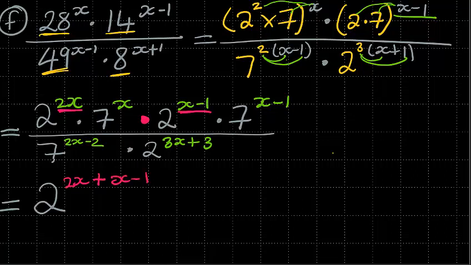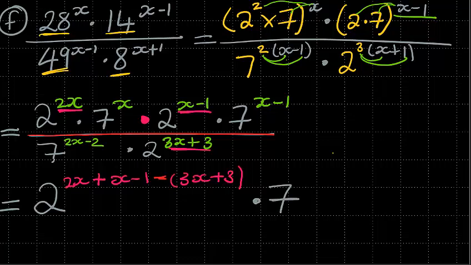Those are all the numerators. Then I am going to divide, which means that I subtract whatever follows. And what I'm going to subtract is this one, which I'm putting in brackets, 3x plus 3. Then I'm going to multiply it by my next base, which is 7.